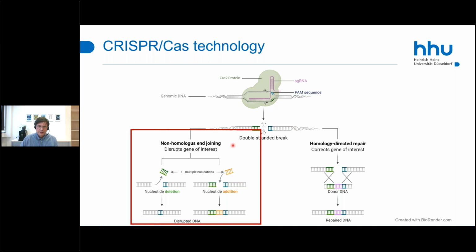The majority of cases follow the non-homologous end joining pathway because it just sticks together the two loose ends, and so it is not a lot of effort. And because it just sticks them together, you can expect some errors, so this pathway is error prone, leading to insertions or deletions.